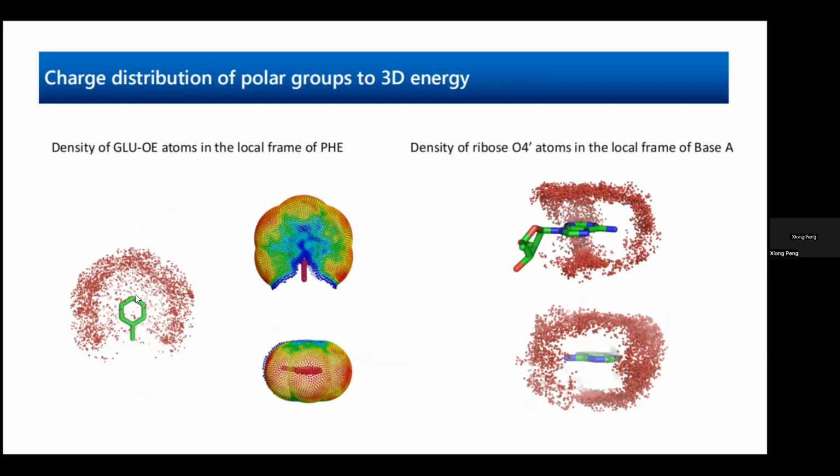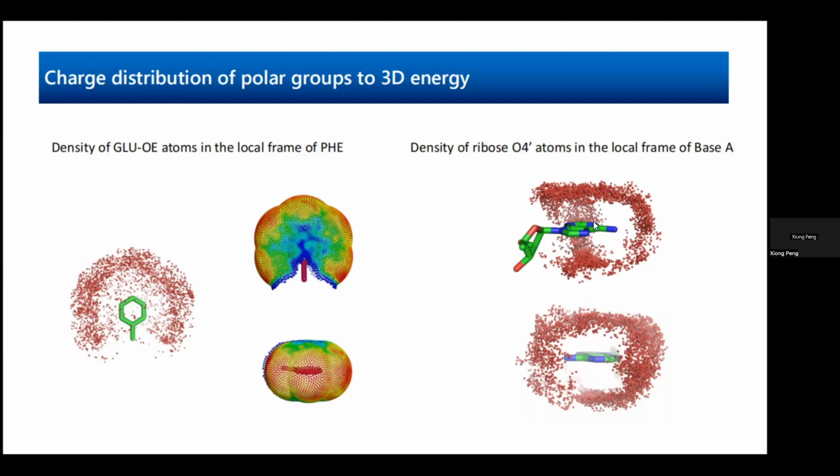If we turn this distribution into a density heat map, we can see that in the horizontal direction, it has a higher density. In the vertical direction, it has a lower density, which means that in the horizontal direction, the charge is positive, and in the vertical direction, the charge is negative. So this is consistent with our quantum mechanics.